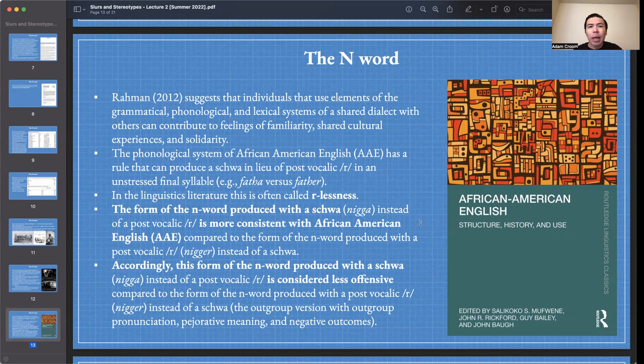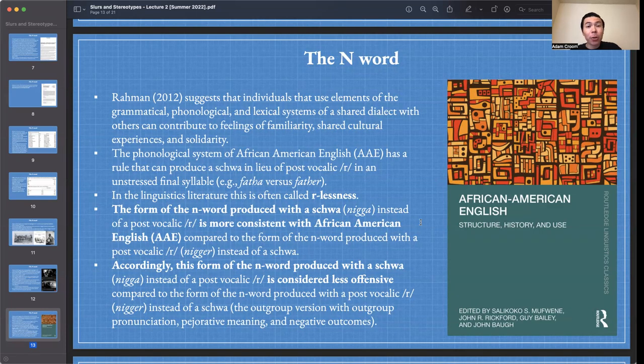So we see that it's not random that the in-group usage of the N-word is R-less, whereas the out-group usage has an R, right? That's not random or haphazard, but rather it makes sense, right?